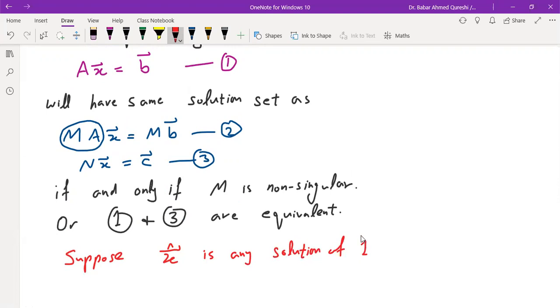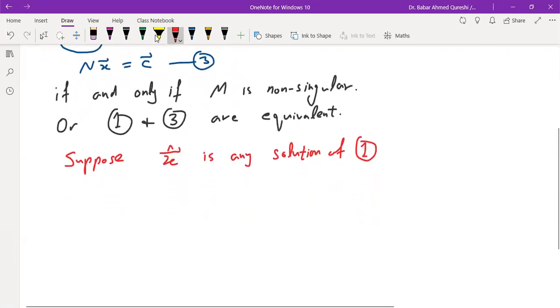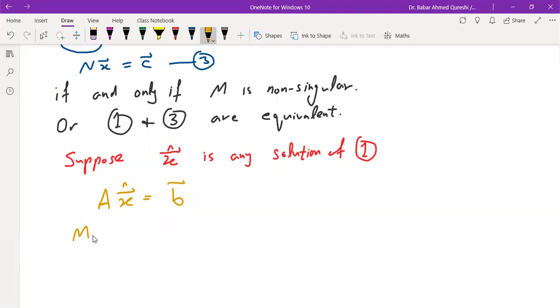A solution of 1. By definition, that means it satisfies equation 1. Then all I have to do is multiply from the left by M.